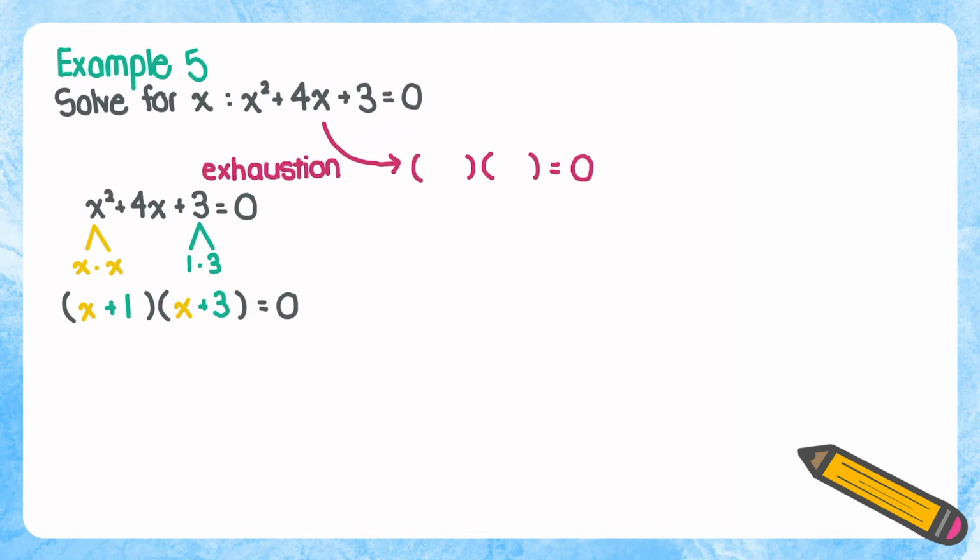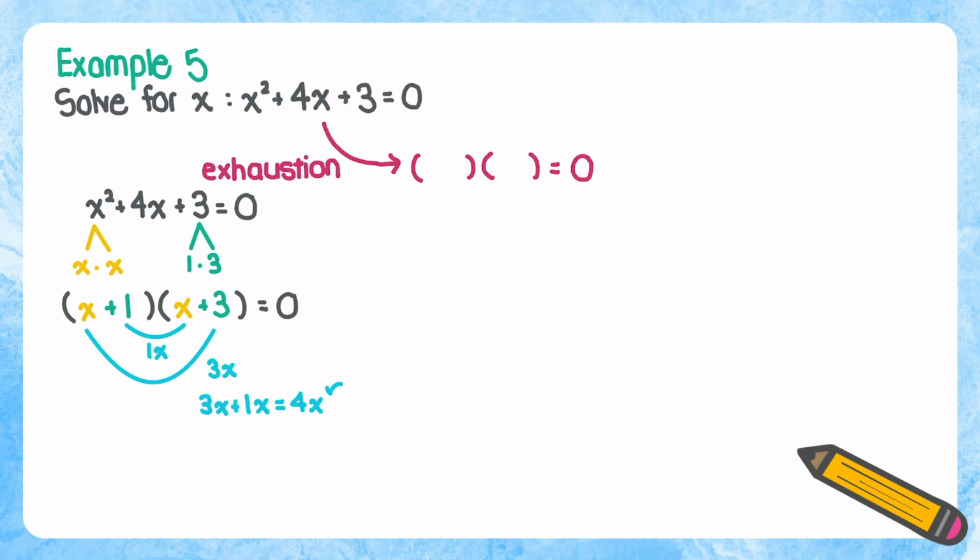Let's check our work. We multiply the outer terms together to get 3x, and we multiply the inner terms together to get 1x. Then we combine them: 3x plus 1x equals 4x, which is exactly the middle term that's given in the original polynomial.